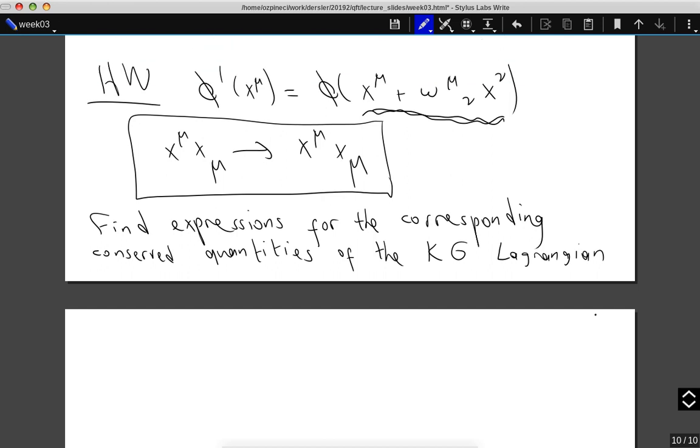And while making the derivation, don't forget to use this expression to derive certain constraints on omega mu nu. This will tell you that omega mu nu should be either symmetric or antisymmetric.